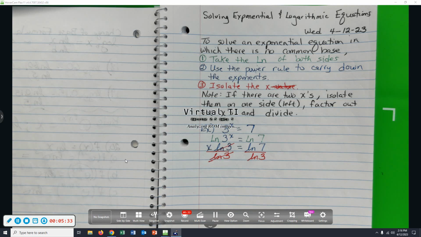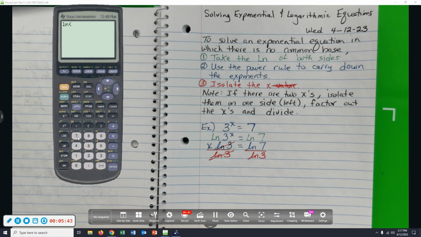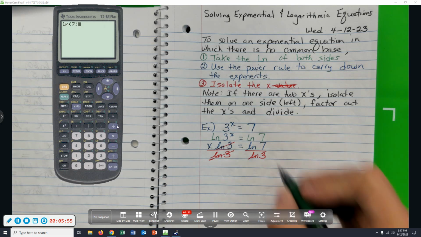You cannot cancel the ln. And it's actually going to be a decimal number. Let's round this to 4 decimal places. ln, remember the last time we said if the calculator opens a parenthesis when you press the logarithm button, you enter the argument and then close the parenthesis.